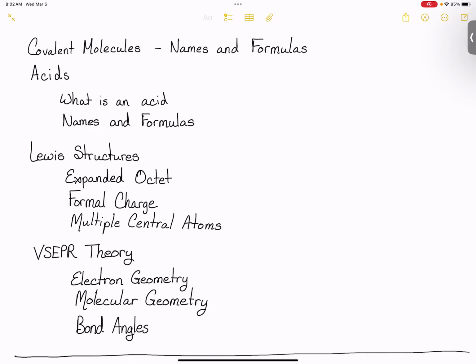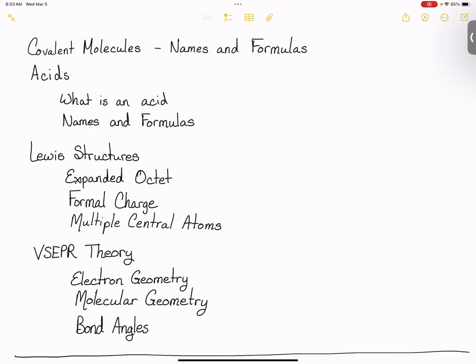We've talked about polyatomic ions. And yesterday, we talked about how these ions combine to form inorganic compounds through an electrostatic attraction, and specifically ionic compounds. And we talked about how to write the formulas of those ionic compounds and how to name the ionic compounds.